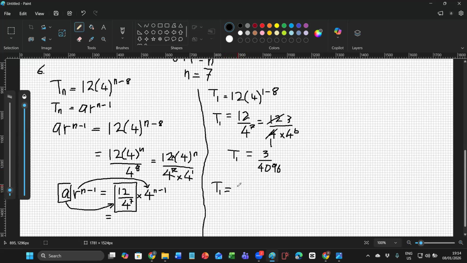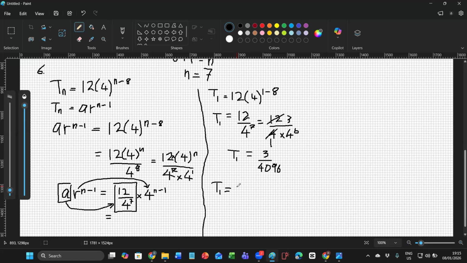Okay, so this is the thing. If I need to get the common ratio, I'll need to know at least two terms. Do you understand what I'm saying? For now, the only term I know is T1, right?